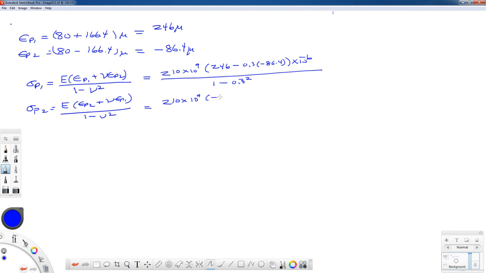Then epsilon P2, minus 86.4, plus nu times epsilon P1, which is 246 microstrain. And microstrain is units of 10 to the minus 6. And then it's going to be divided by 1 minus nu squared. So let's see what we get for this calculation.